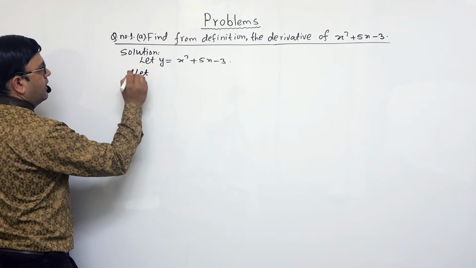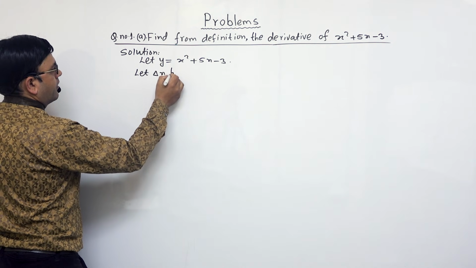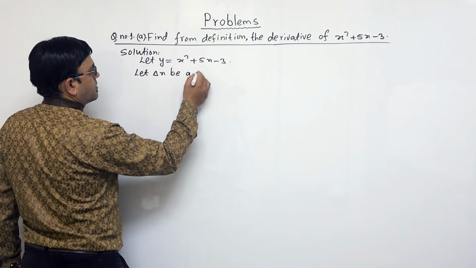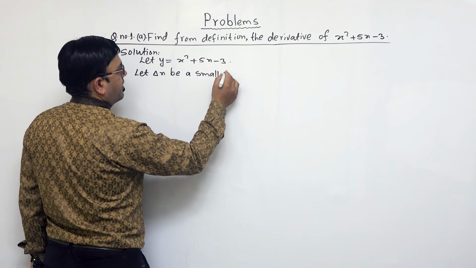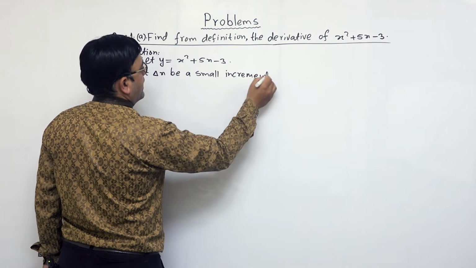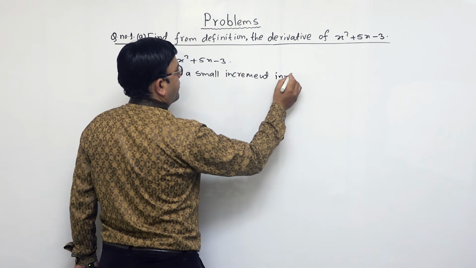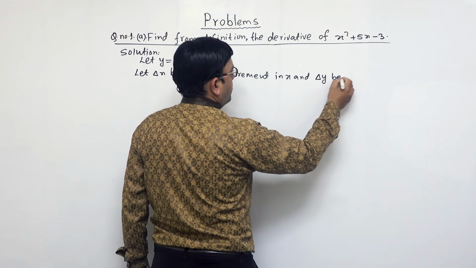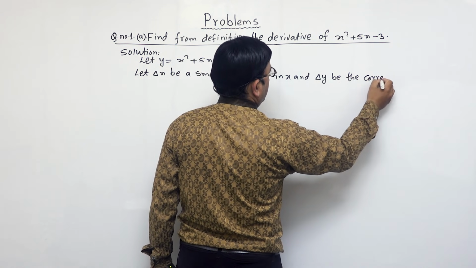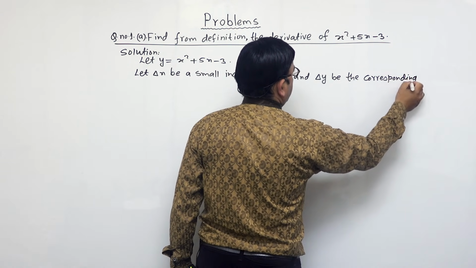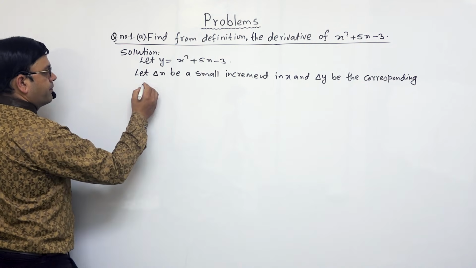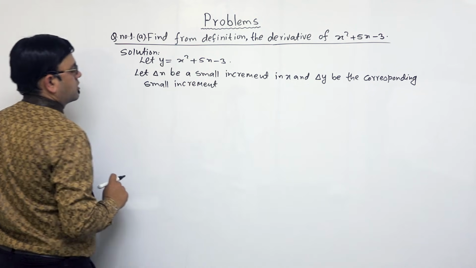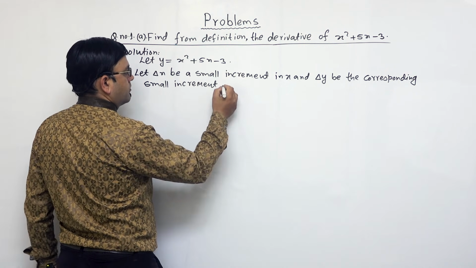Now again we let del x be a small increment in x, and del y be the corresponding small increment in y.